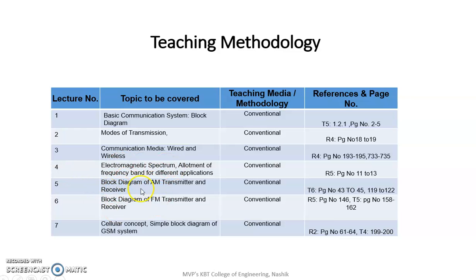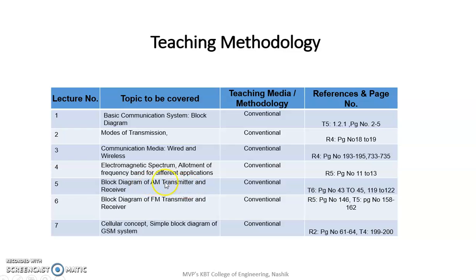X-rays, ultrasonic, infrared type of signals are used, and some are military purpose applications also. Then the main theme of this particular unit is transmission and reception. There are two types of transmission methods we are going to cover, called amplitude modulation transmission and receiving, and frequency modulation transmission and receiving. These two methods are very important.